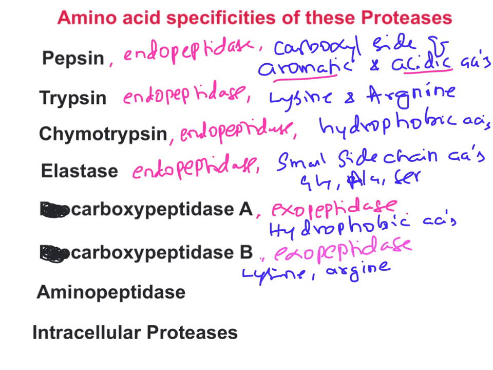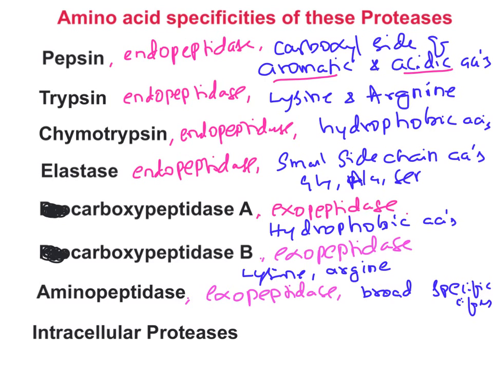Now coming to aminopeptidase. Aminopeptidase is an exopeptidase, just like carboxypeptidase. It means it is going to act at the amino terminus. That's why the name aminopeptidase. It has a broad specificity, so it can act on most of the amino acids present at the amino terminus.